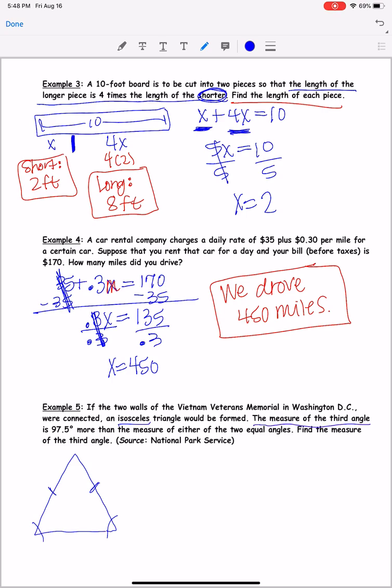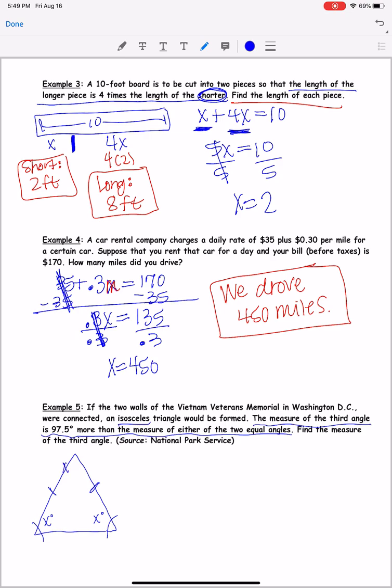The measure of the third angle is 97.5 more than the measure of either of the two equal angles. So we have no information about these equal angles, so that is your x. So I'm going to put x degrees. So then how do you represent that this third angle, this very top one here, is 97.5 degrees more than?